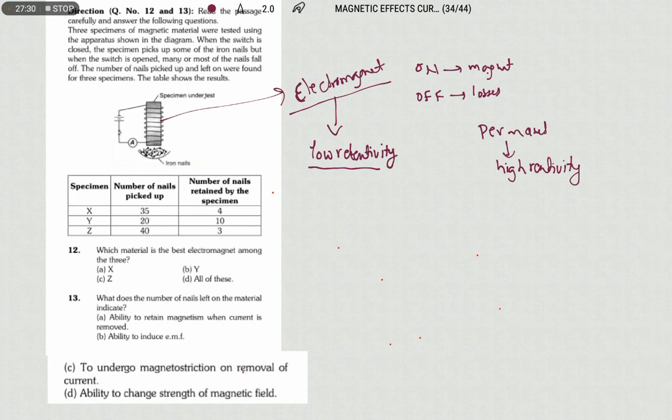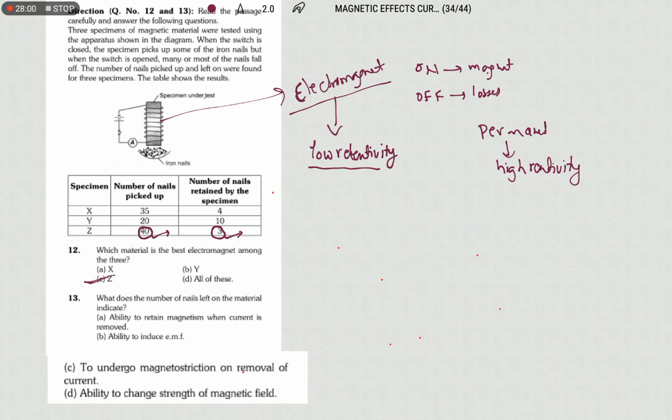If you observe, 35 nails are picked up and 4 are left. 20 are picked up, 10 are left. 40 are picked up and only 3 are left. That means it loses the magnetic properties quickly, and in the same way it gains the magnetic properties very quickly when the current is switched on. So Z is a perfect electromagnet.